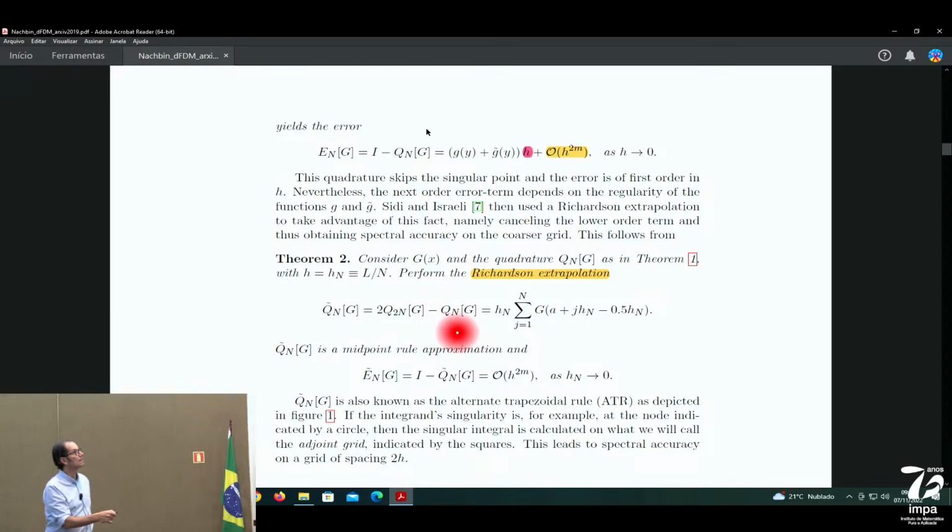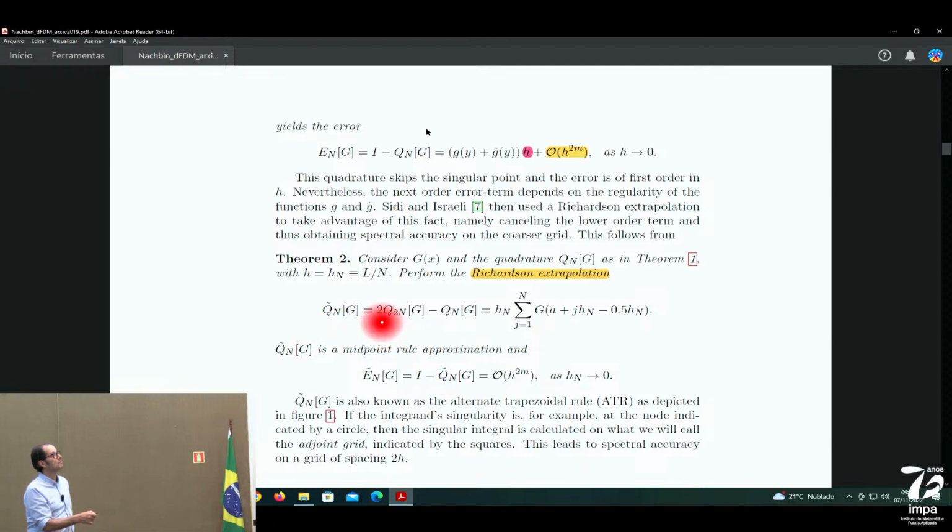This is Qn. And this is the same method, but now with 2n, which means with an h over 2 size. And the new composite method, Richardson extrapolation, is a new method, Q n tilde, which uses the previous methods like this.